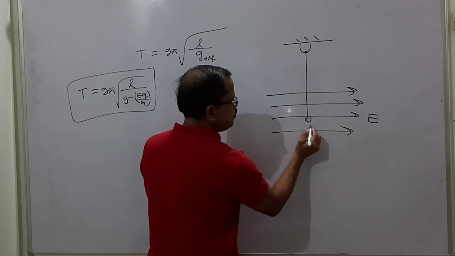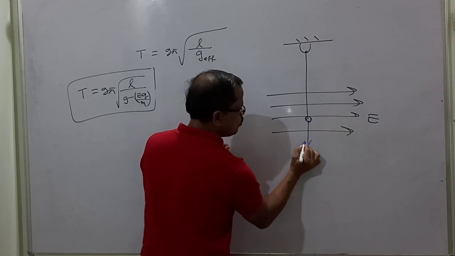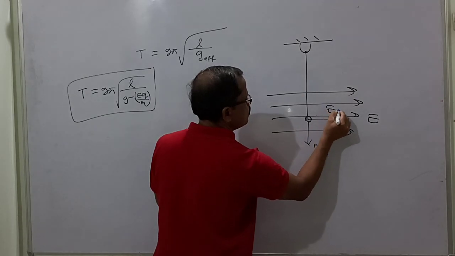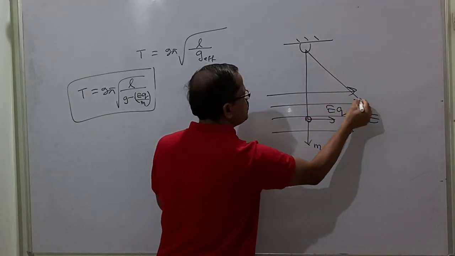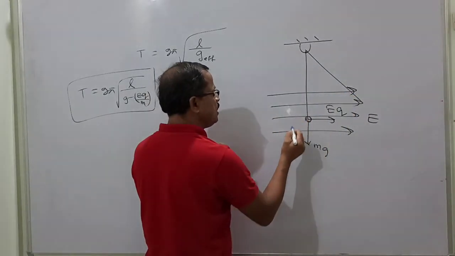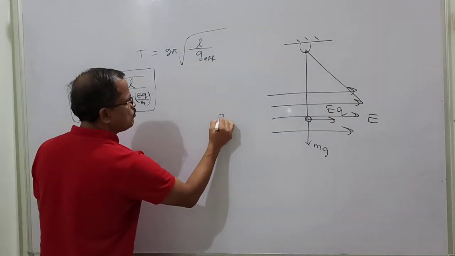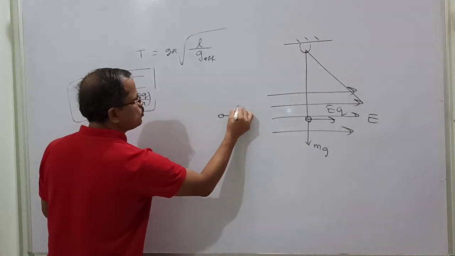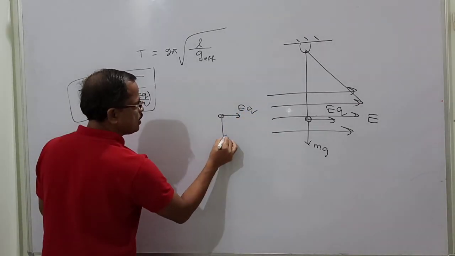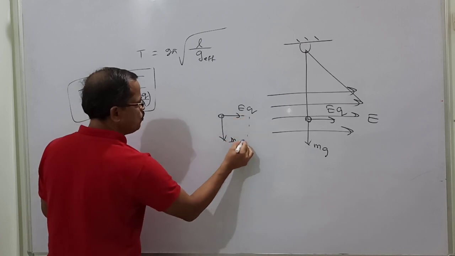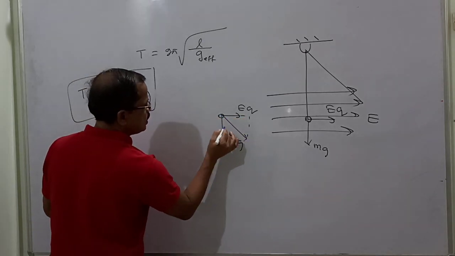If the electric field is horizontal on the body, one force will be mg and another force will be EQ. So obviously the pendulum will be shifted like this. Now what is the net force? In the body, two forces are acting: one force is EQ, another force is mg. So this is the net force.